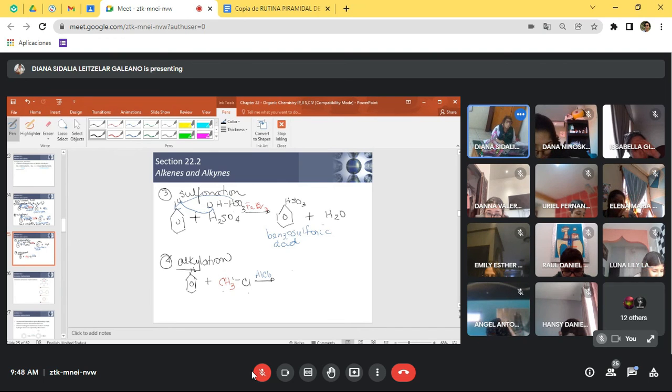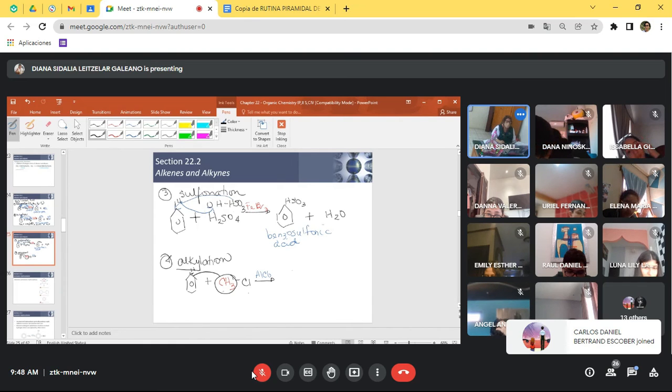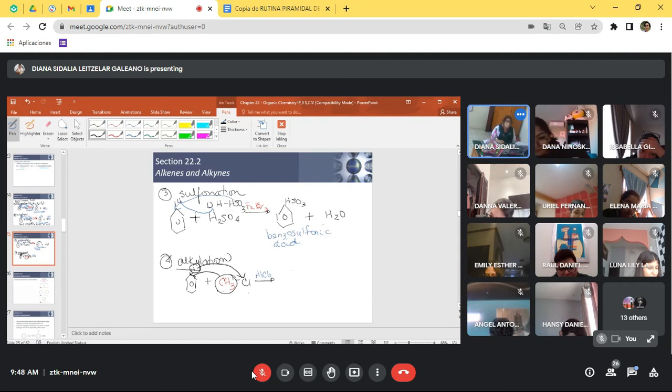The H is substituted by the CH3, and the H that leaves goes with the Cl. You can have CH3, CH2, you can have 10 carbons if you need. Okay? Alkylation means that the carbons are the ones that will attach to the chain.